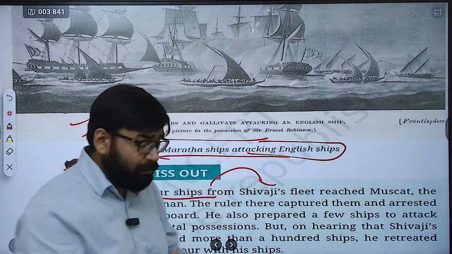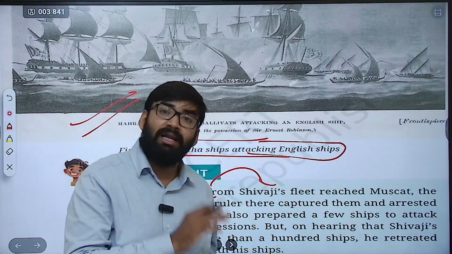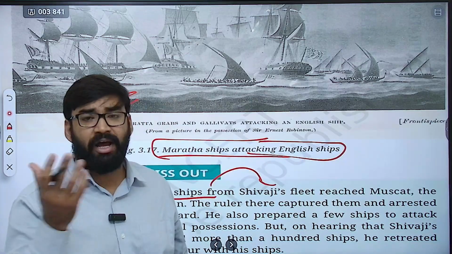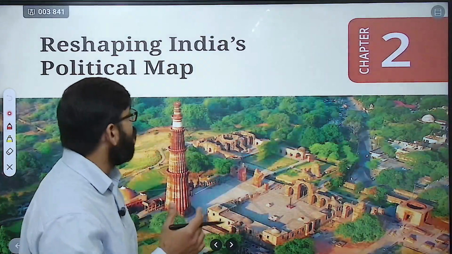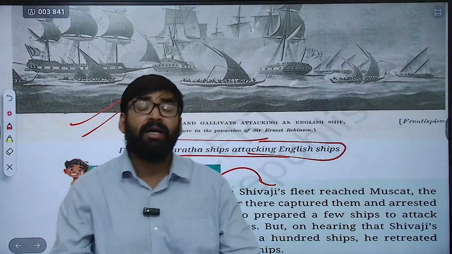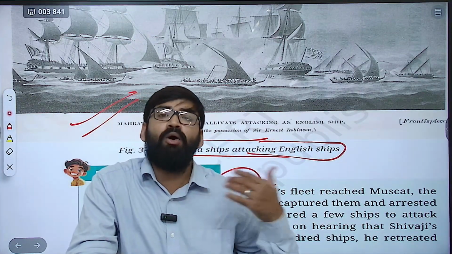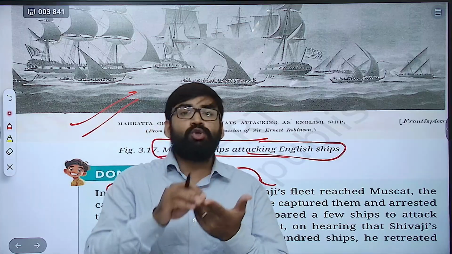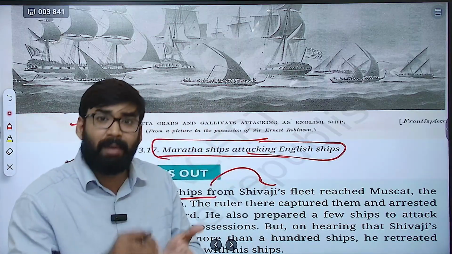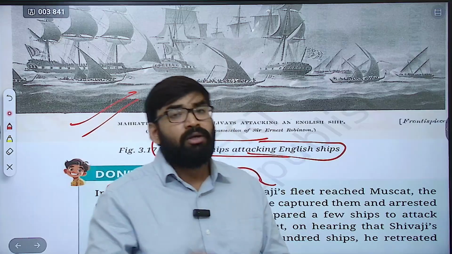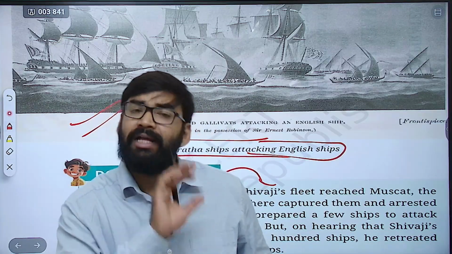Then coming to Ahilyabai Holkar, who I just mentioned, it is said that she rebuilt the Kashi Vishwanath temple, which was destroyed by Aurangzeb. She rebuilt the Somnath temple, which was destroyed by Mahmud of Ghazni. These things are mentioned in the new NCERT.